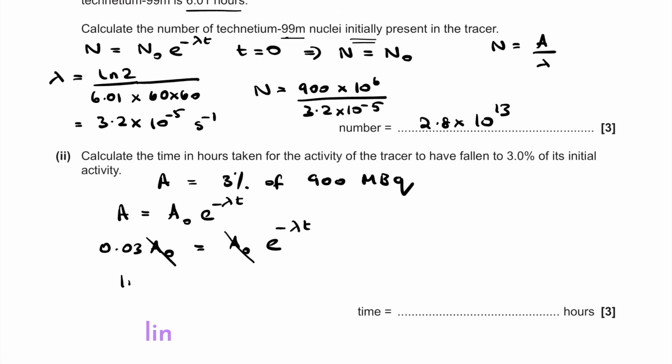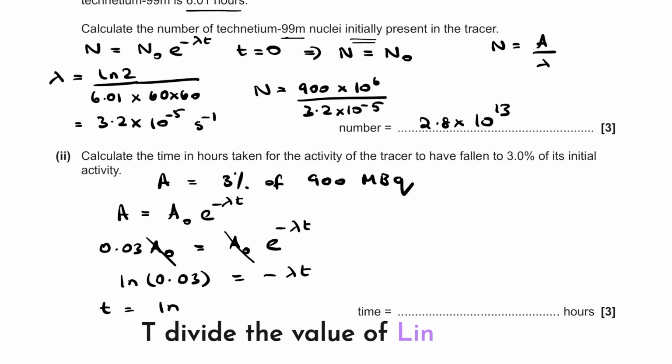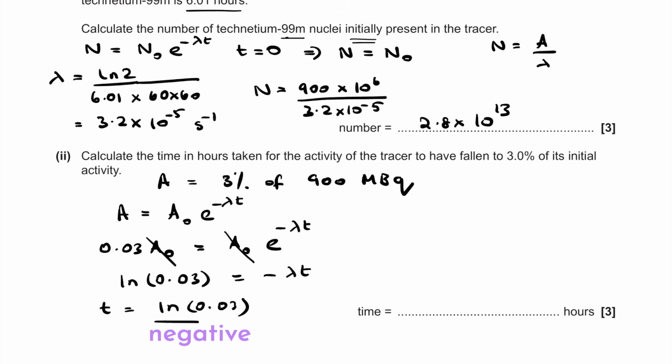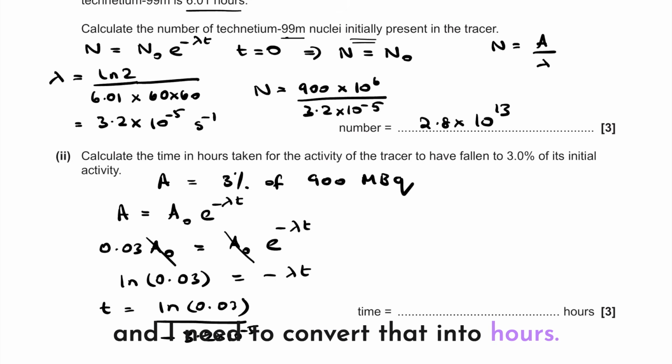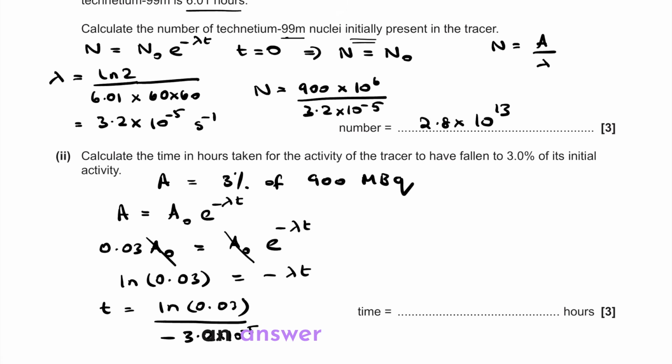Rearrange: ln of 0.03 equals minus lambda t. Divide the value of ln 0.03 by negative lambda, which was 3.2 times 10 to the minus 5 per second, and that gives me a value in seconds, and I need to convert that into hours, so that gives me an answer of 30 hours. Okay, so that's part B done.